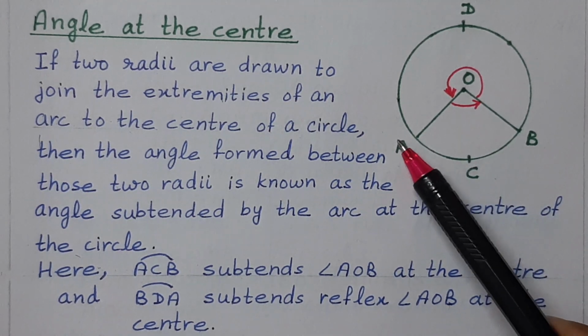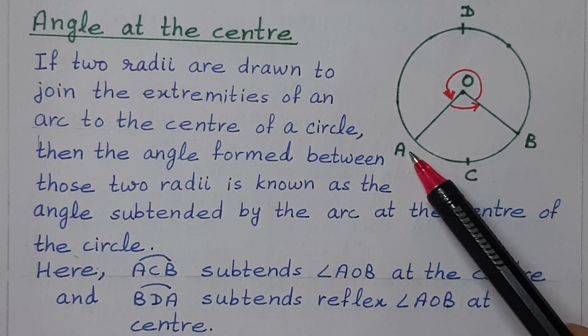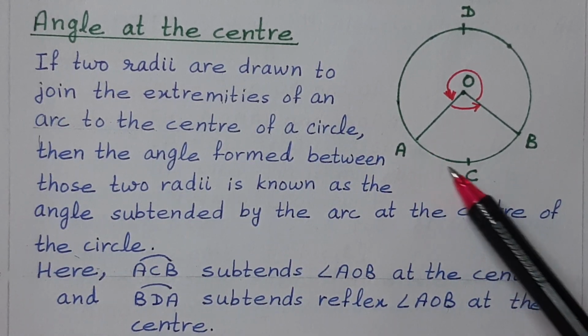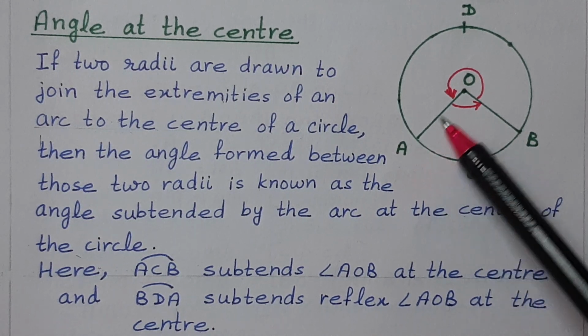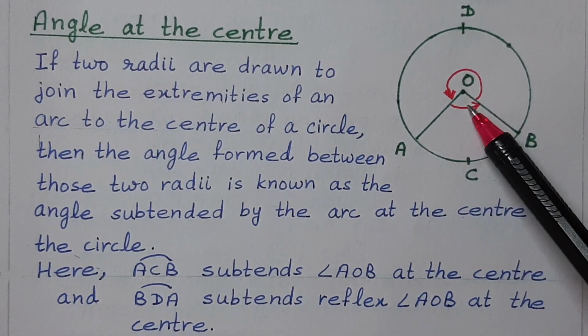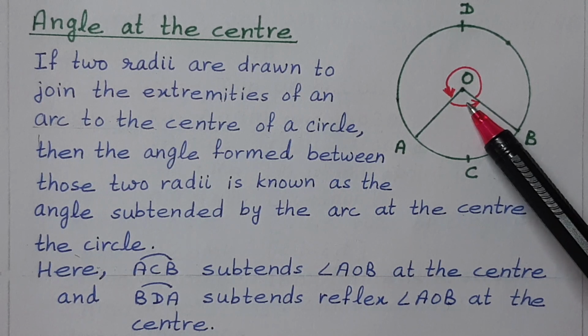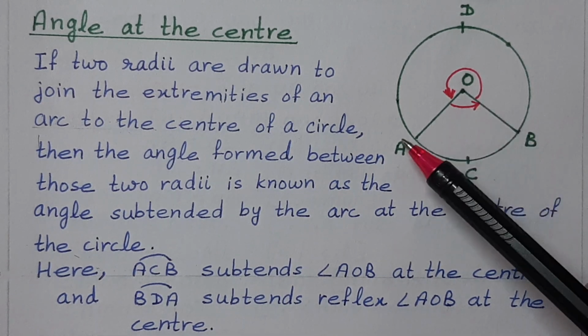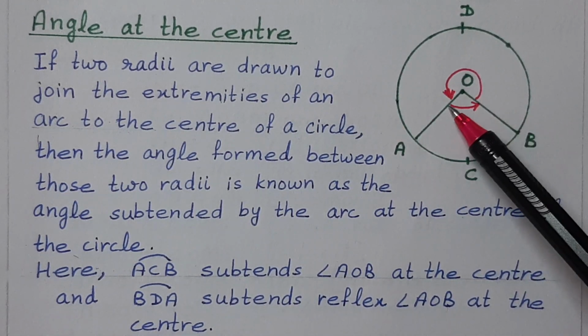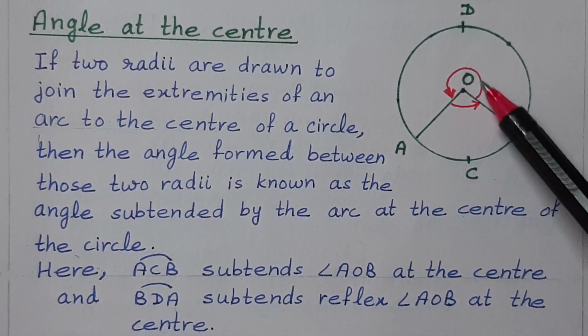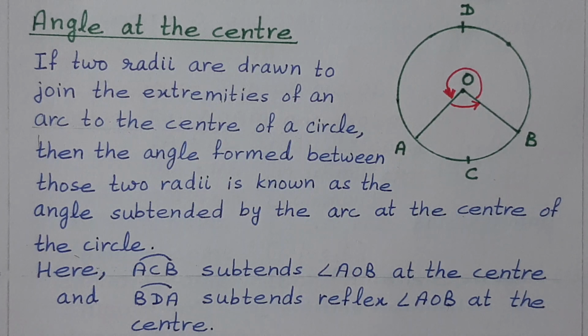Now here the minor arc ACB subtends angle AOB at the center and the major arc ADB subtends reflex angle AOB at the center of the circle. Clear?